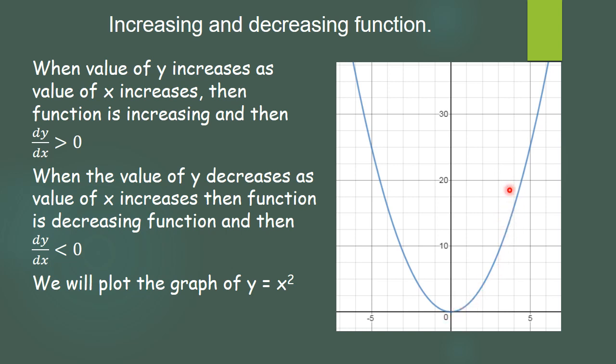So we can say that it is an increasing function when I'm talking about the positive values of x, that is, x greater than 0. As x increases, the value of y goes on increasing. So it is an increasing function in the interval from 0 to infinity.